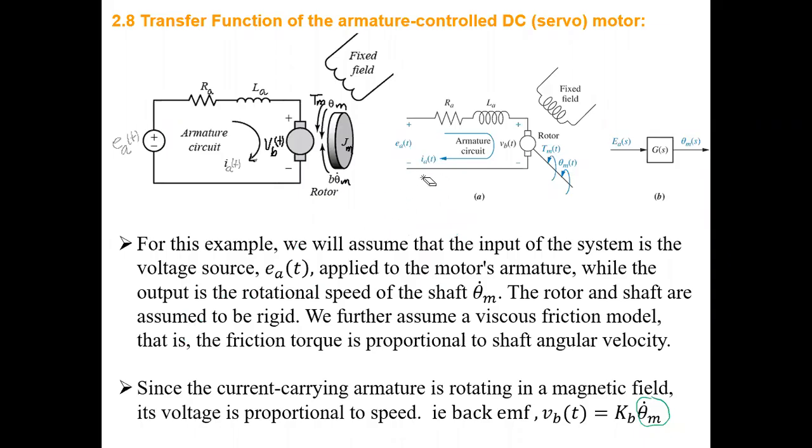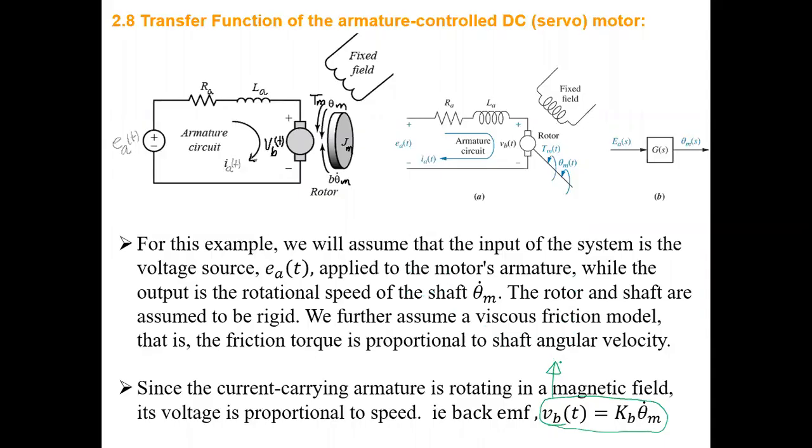All right. So you understand this, right? So the back EMF is KB times theta m dot. That's your back EMF. So now, what is the Laplace transform of this guy? What is the Laplace transform of this guy?